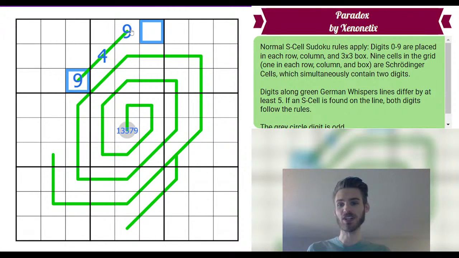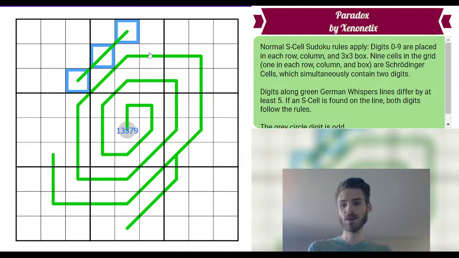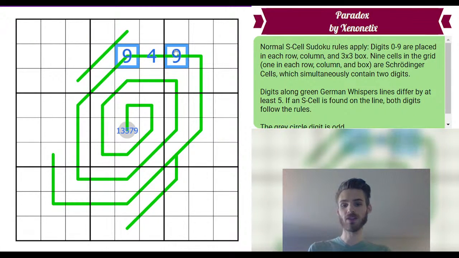You can't put -1. Even in this puzzle, you can't put -1. So a 4 will always be flanked by double 9. So in this case, on this line, it's fine to put a 4 in the middle of this line. But here, if I put a 4 there, then I have to put double 9 along here.